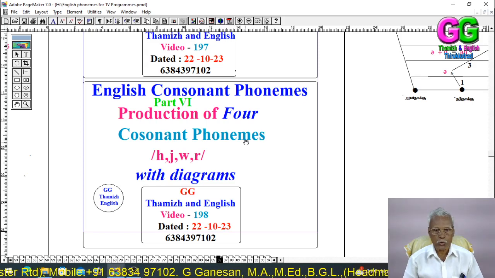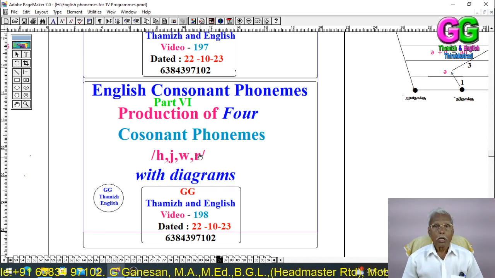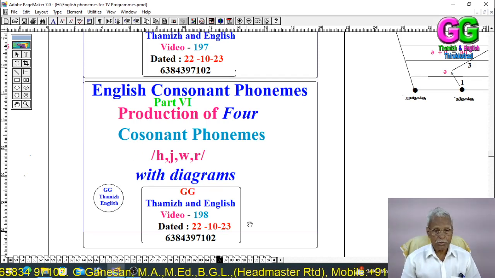Production of four consonant phonemes: h, y, w, r, with the diagrams.